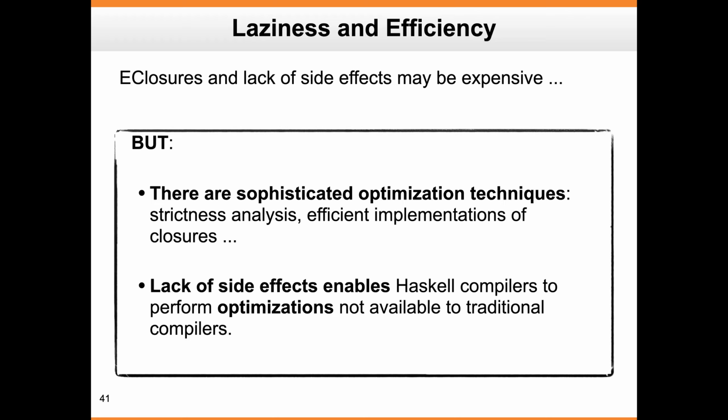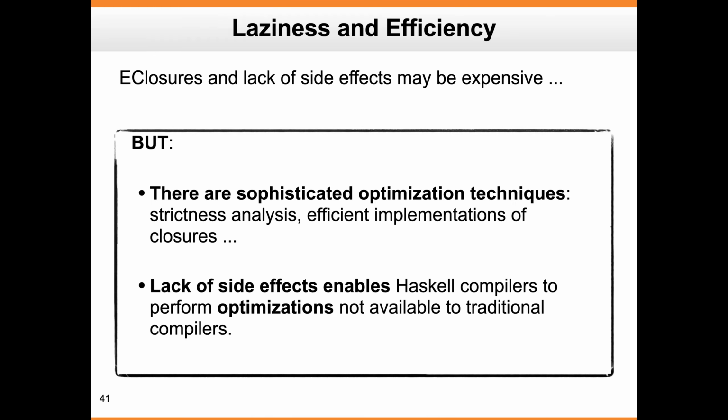And this is the case indeed with Haskell. It applies very sophisticated optimization techniques. It analyzes when the compiler can evaluate the expressions, can be strict. And there are efficient implementations of closures and expression closures and so on and so forth.